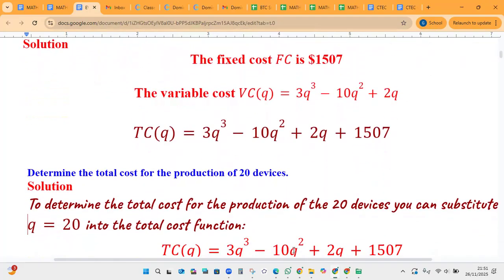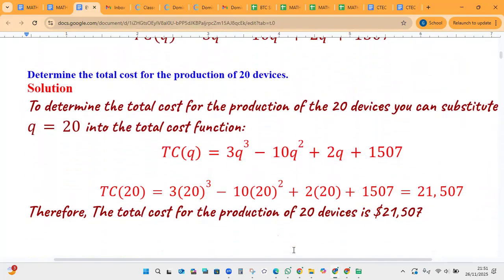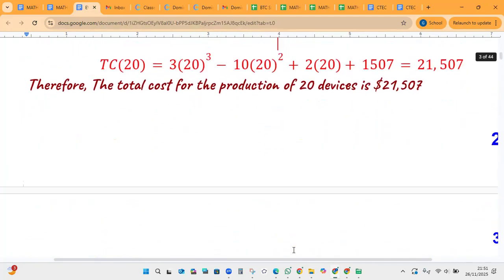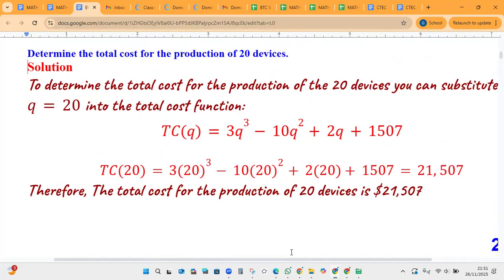We need now to determine the total cost for the production of 20 items. To determine the total cost for the production of 20 devices, you can substitute Q equal to 20 into the total cost function and then evaluate.